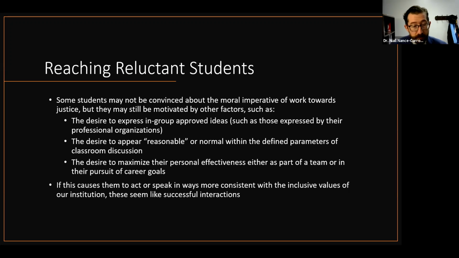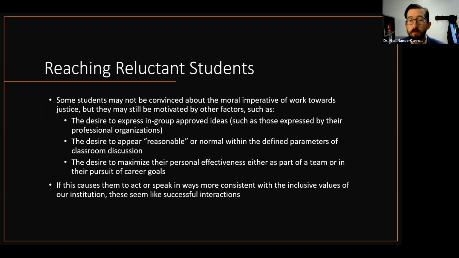So just to kind of close this out. Some of the students might not be convinced about the moral imperative of work towards justice, but they can still be motivated by other factors. It doesn't mean that we would give up on that. So the desire to express in-group approved ideas. If they see professional organizations say that, they can be like, oh, accounting values diversity. Well, I want to be an accountant, so I value diversity.